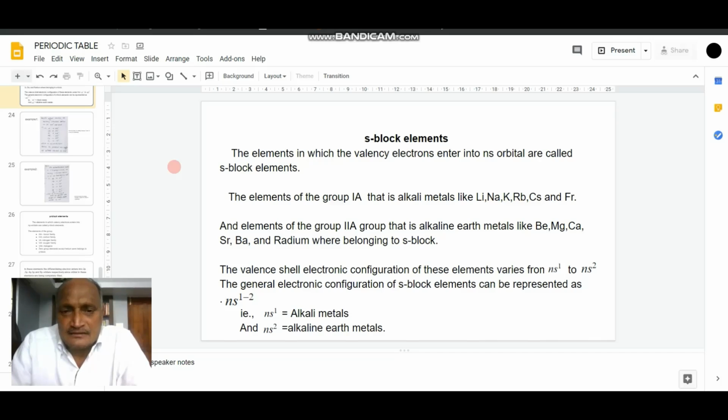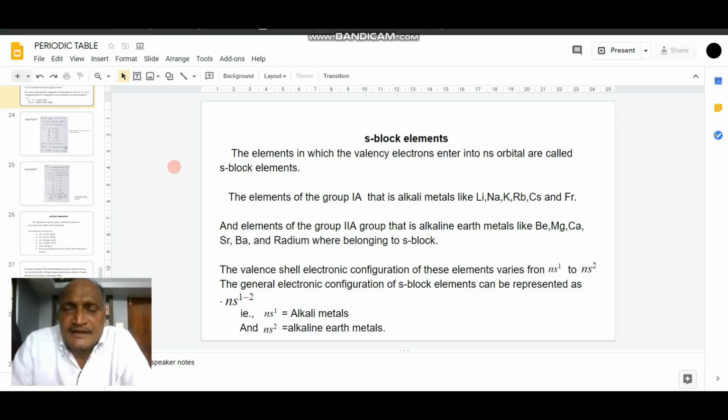The valence shell electronic configuration of these elements varies from ns1 to ns2. That is, the general electronic configuration of S block elements can be represented as ns1 to 2.